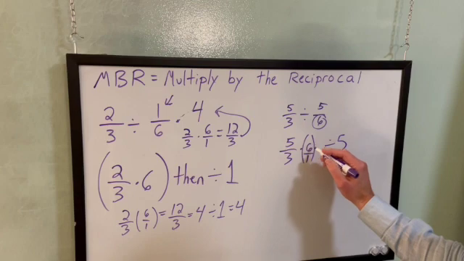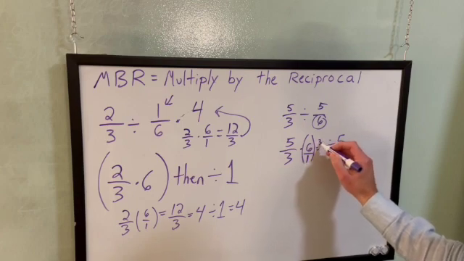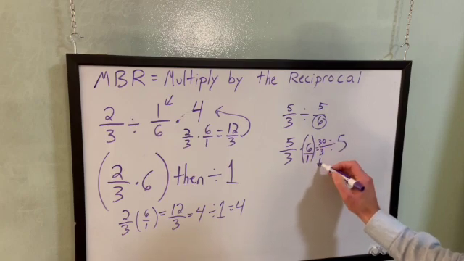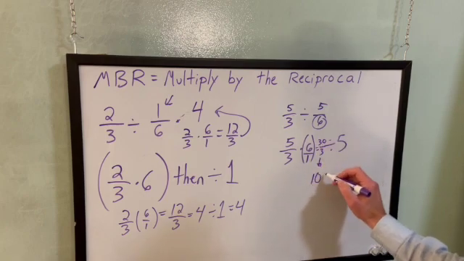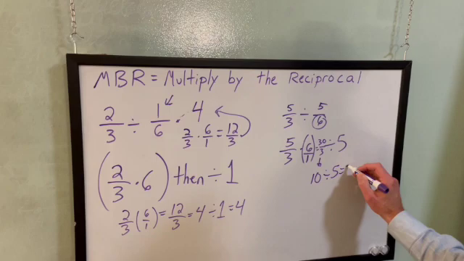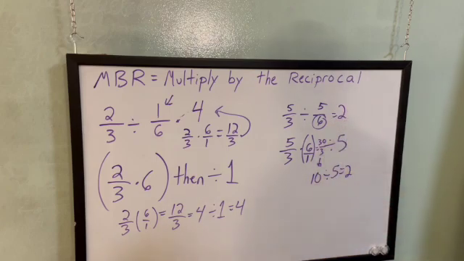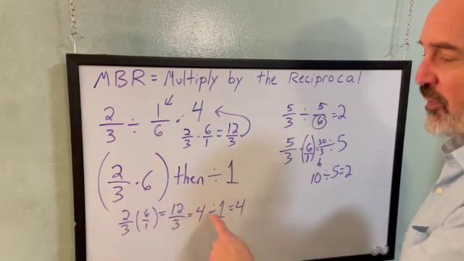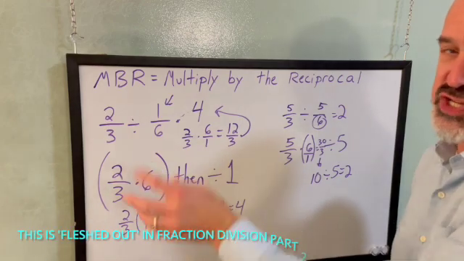So 5 times 6 is 30, 3 times 1 is 3, 30 divided by 3 is 10, and then 10 divided by 5 is 2, which is what the answer was. So again, multiplying by the reciprocal is just a shortcut of doing this 2-step process, which we fleshed out earlier in the video.